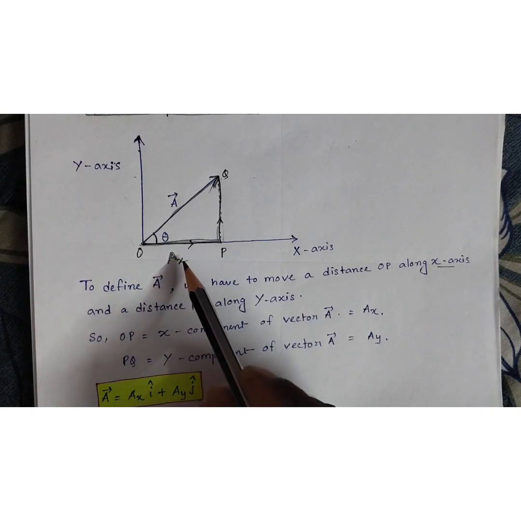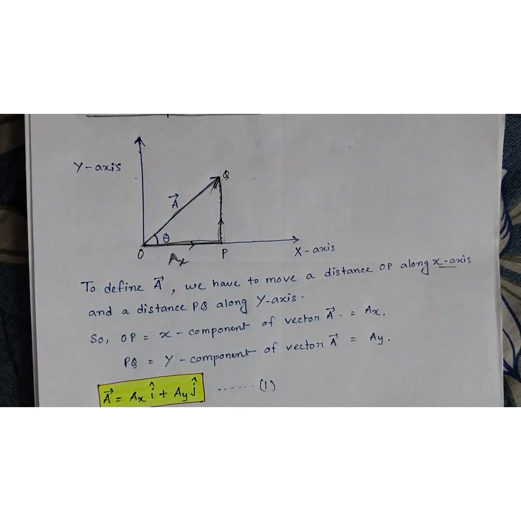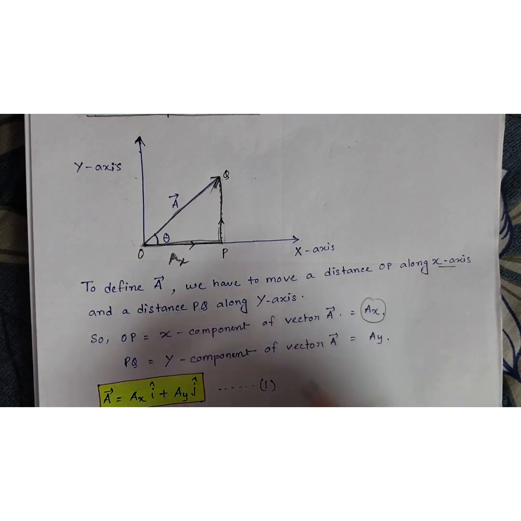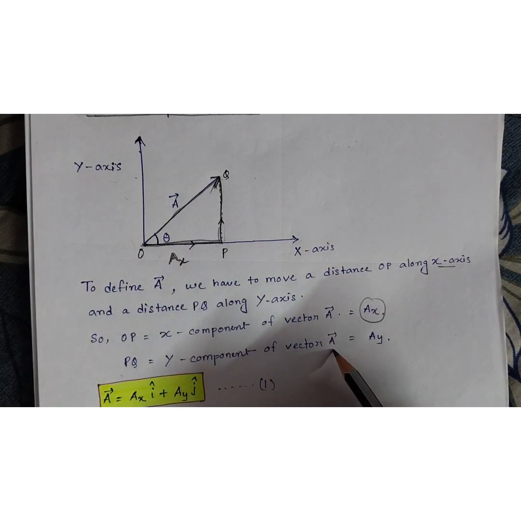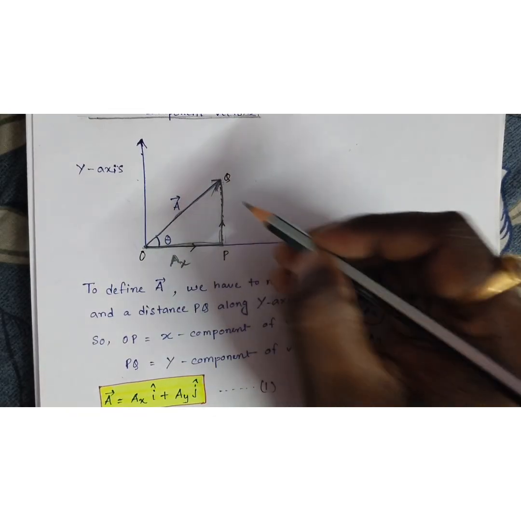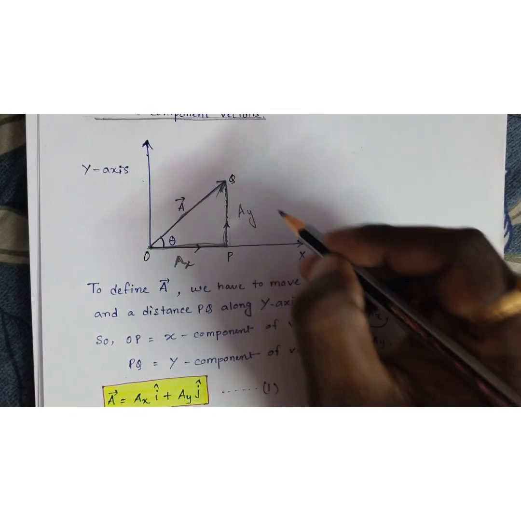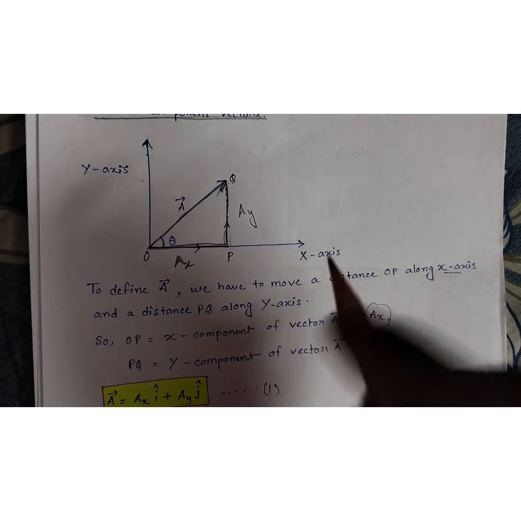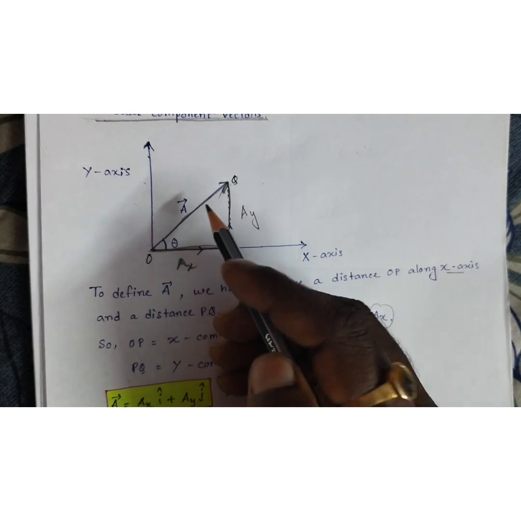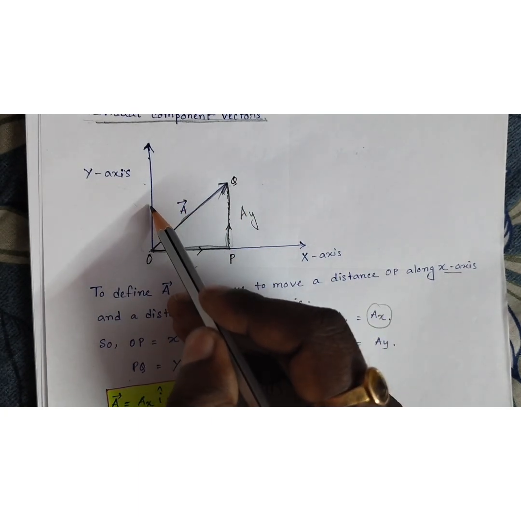This is the x component of vector A, and it is written as A_x. And PQ is the y component of vector A, written as A_y. So this A_y is the effect of vector A on the y-axis. That means it is the effect of vector A along the y-axis.